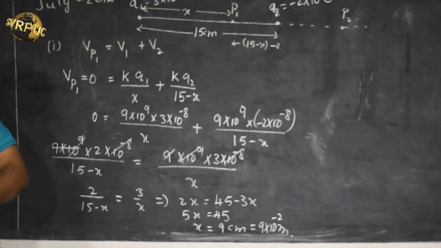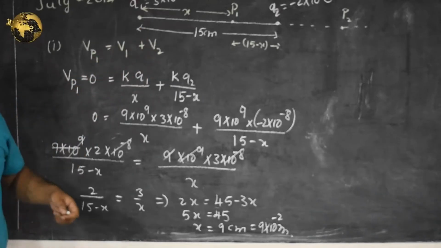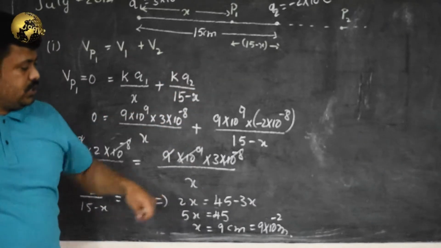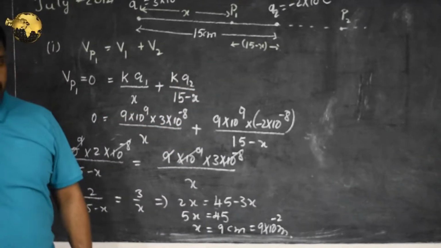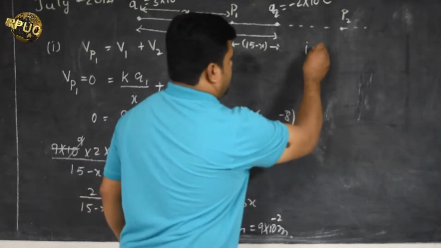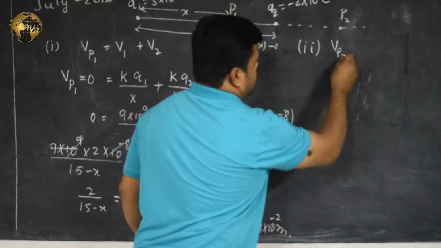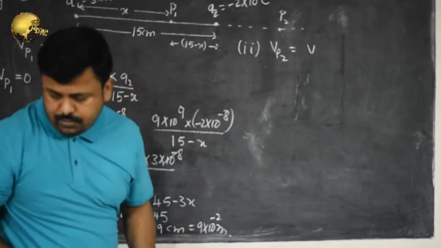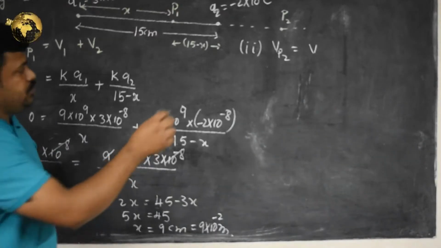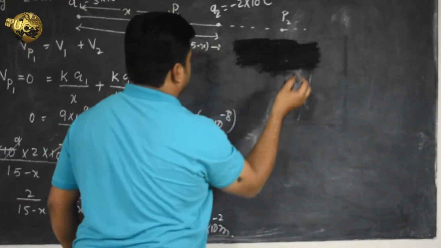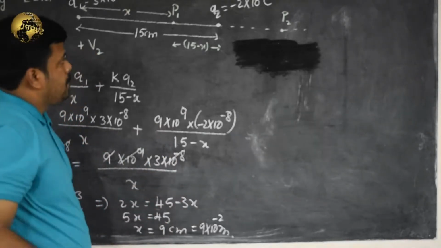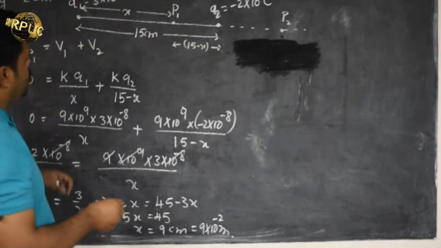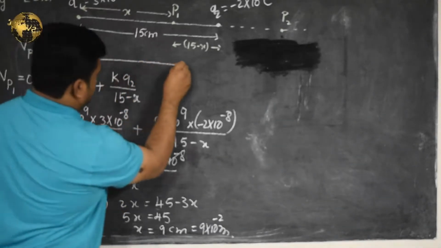And there will be another point which is outside the two charges, somewhere here, also on the line joining the two charges. Let's find out the second point where the potential is 0. That is the second case. Let's solve here. First, let's find out the distances. I call the distance of P2 from Q1 as x.